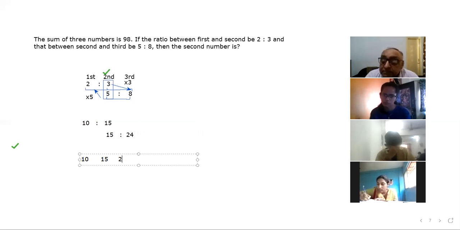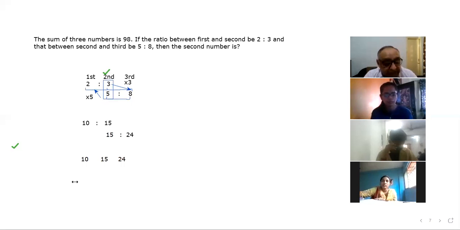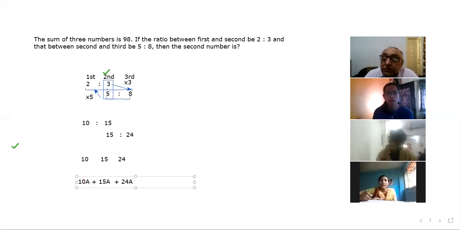Quite simple, right? Now let us suppose the first number is 10A. Then obviously the second number would be 15A, and the third number would be 24A, because the numbers are in the ratio 10, 15, 24. Is it clear?